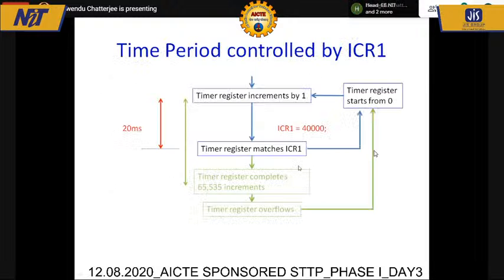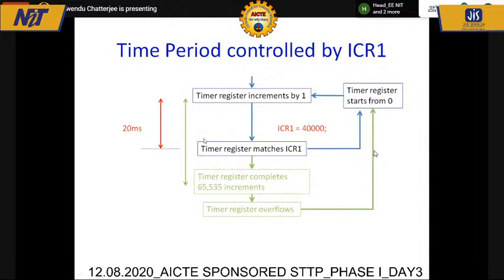Now what will happen? Now see, the green part was the total part, and now it is cut short to only the blue parts. It was 32 milliseconds. Now as soon as the timer register matches ICR1, the time period is cut short to 20 milliseconds, because we have deliberately given 40,000 to have this time span of 20 milliseconds.